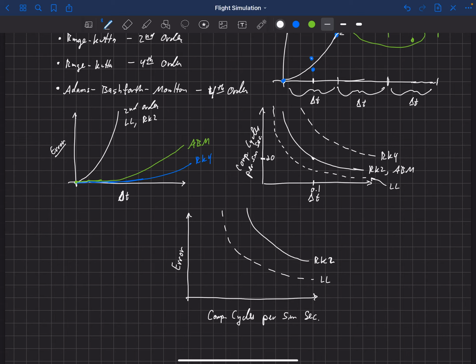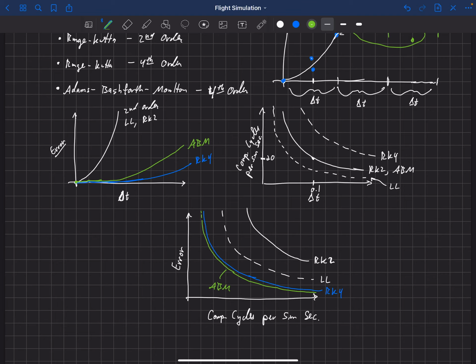The Runge-Kutta has just a little bit higher error, so we'll put this right here. So this is the RK4. I keep saying R44, I mean RK4. And then the ABM method is just barely below it. It's just a little bit better.